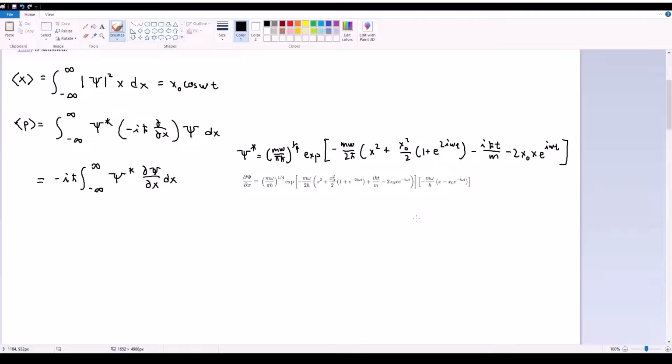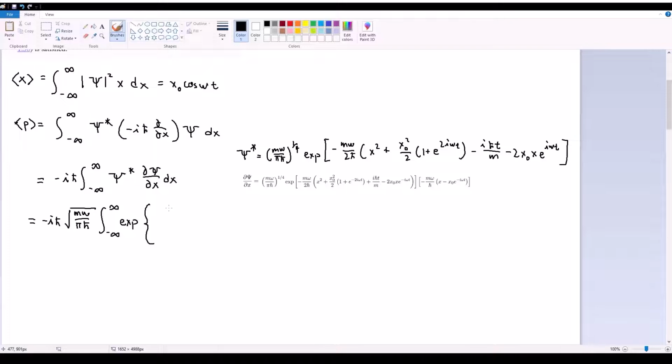If we take these and multiply them together, we're going to get negative i h bar, the two constants at the front, which become square root m omega over pi h bar, times the integral from negative infinity to infinity of the exponential, and this is a bit of a doozy, so let's see.